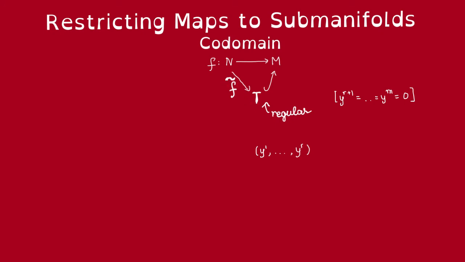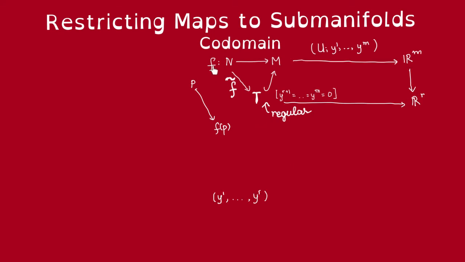Since T is a regular submanifold, at every point p in T, we can find a coordinate chart such that T is cut out by coordinate functions. So let's say that at a point F(p) in T, we choose a coordinate neighborhood U with coordinate functions y1, ..., ym, so that T is cut out by y_{r+1}, ..., y_m. In particular, y1 to yr form a coordinate chart on T.